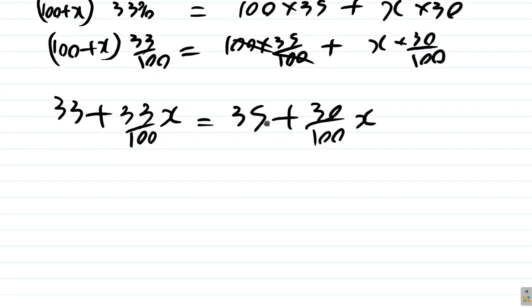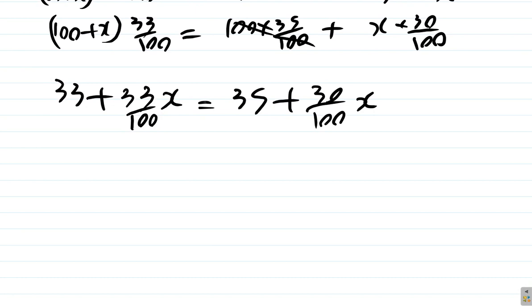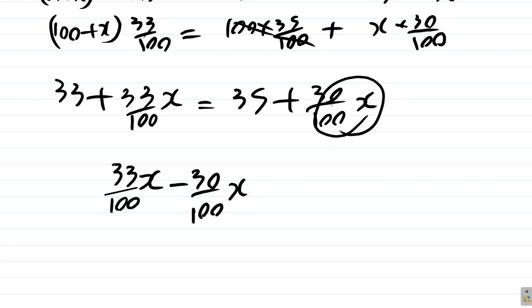Now if you subtract 30% of X, 30 out of 100 of X, from both sides, we have 33 out of 100 of X minus 30 out of 100 of X, and this will subtract itself. Then you subtract 33 from both sides. 33 will subtract itself and disappear from the left-hand side. It will appear on the right-hand side as minus 33.